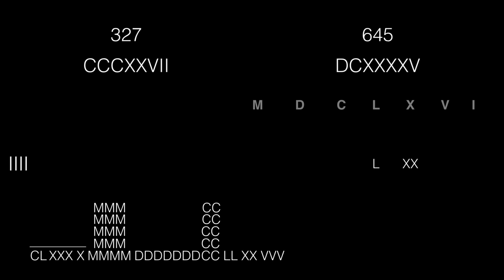Following that, we stack up 4 of each of these numbers. So that's 4 stacks of 3 M, 4 stacks of 2 C's, 4 L's, and 4 stacks of 2 X's.